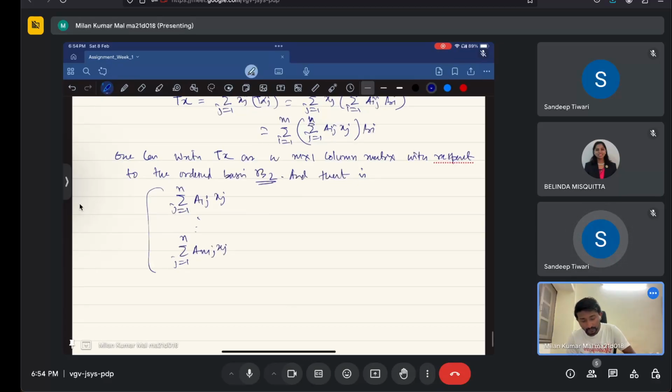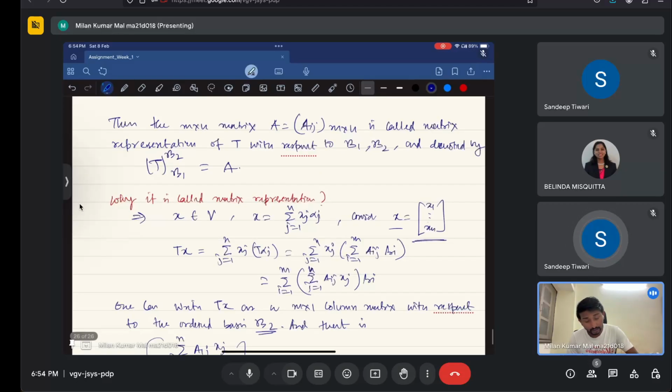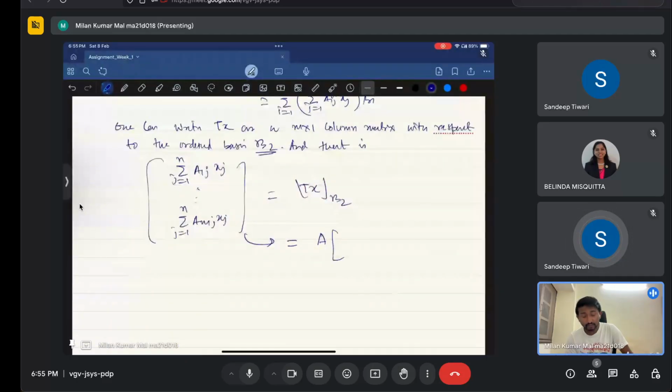This is T x with respect to the ordered basis beta 2, and here x is with respect to the ordered basis beta 1. Now look at this: it is nothing but the matrix A times the vector x1, x2, up to xn. So that's why A is called the matrix representation.